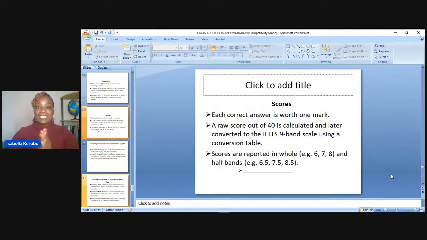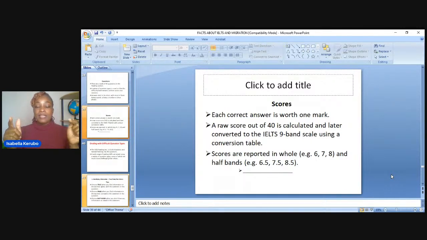Remember, the IELTS test is ranked using a band scale. So anything you score out of 40 is converted into this band scale. That is how you come up with a band 3, a band 4, a band 5, a band 6, a band 7, band 8, or even a band 9, all right?